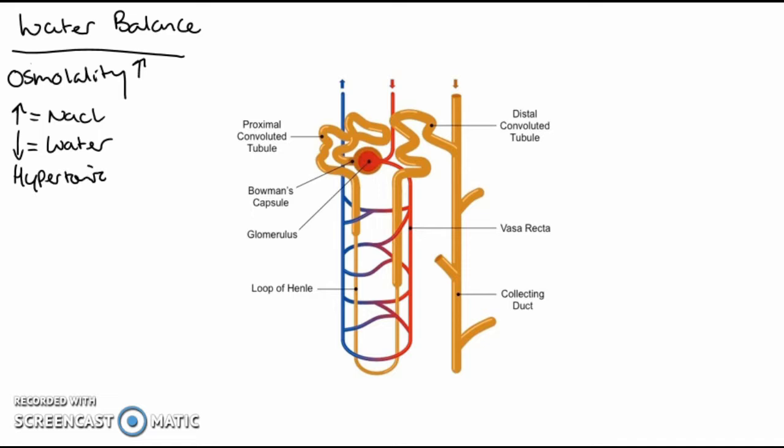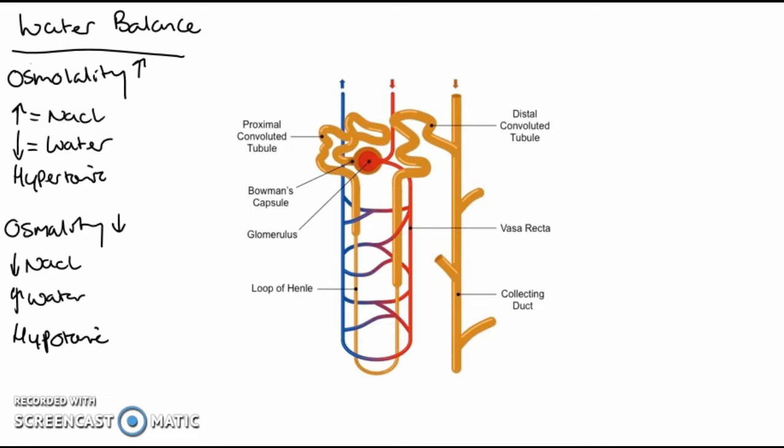So in other words, it's hypertonic. Therefore, if osmolality is low, it has got low salt content and a high water content. A fluid that has got these properties we would call hypotonic.